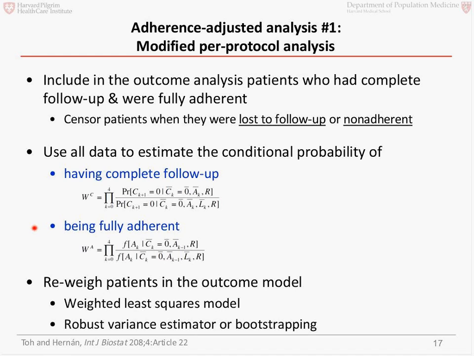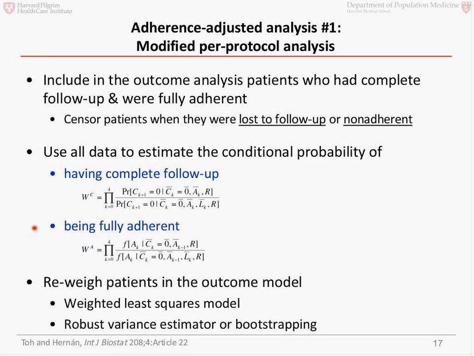For example, let's say that a patient had a probability of 0.2 for remaining in the study and being fully adherent to his assigned treatment. If you take the inverse of 0.2, you get a weight of 5.